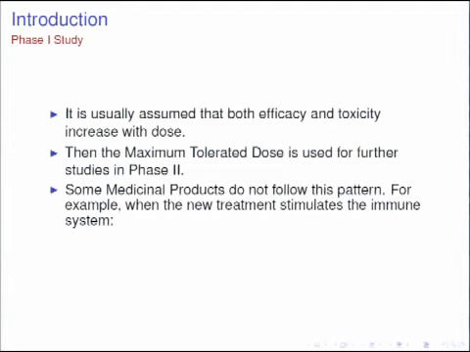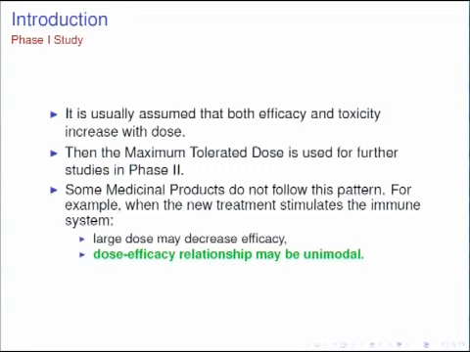First it is increasing, but after some critical point, the efficacy goes down. These are the models which I'm more interested in here. And I will present an example of the dose-efficacy relationship being unimodal, although what I will talk about can work equally well for other cases.